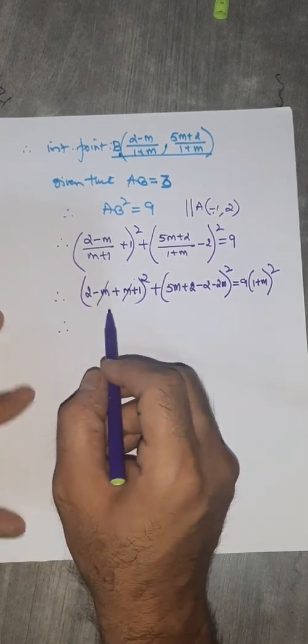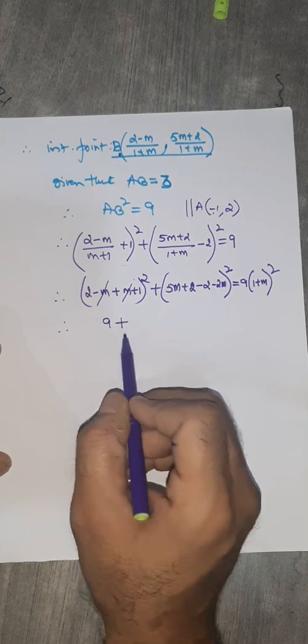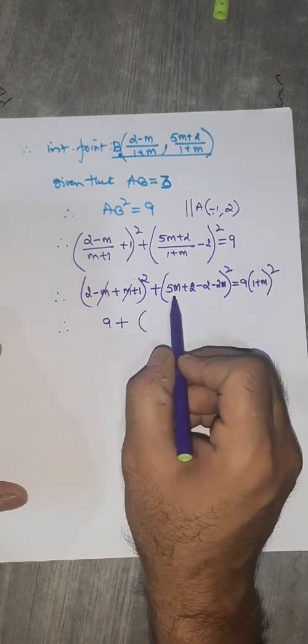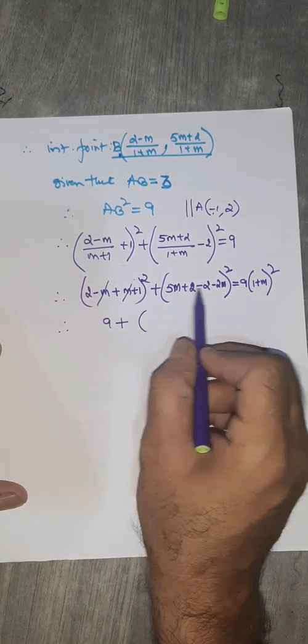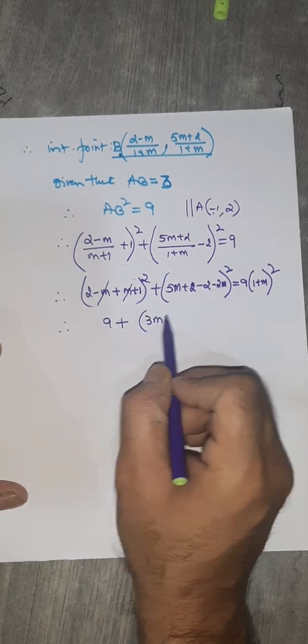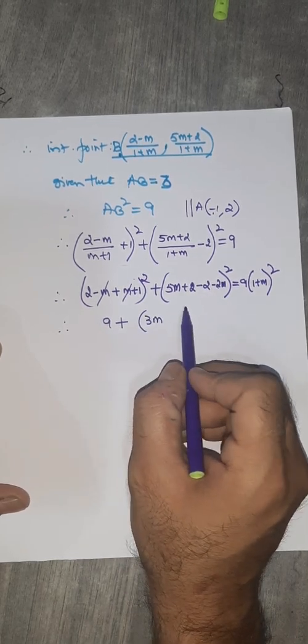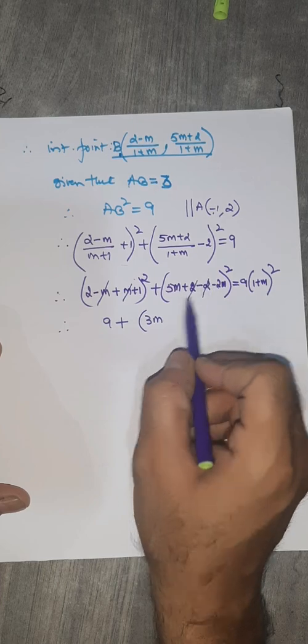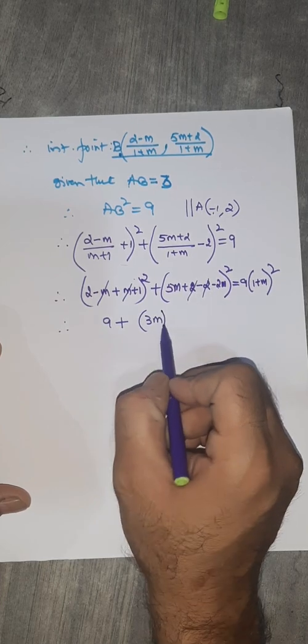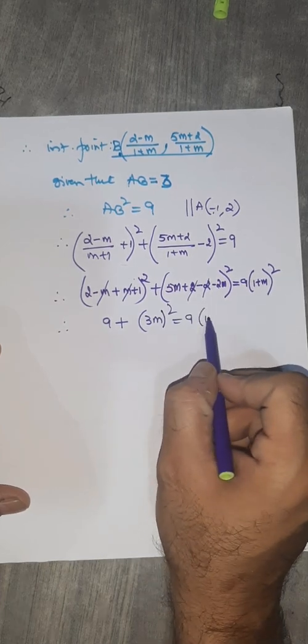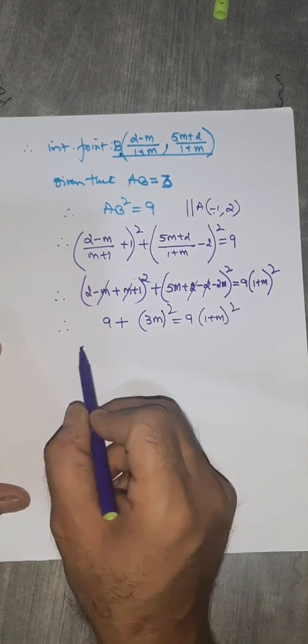This will get cancelled, this is just 9. What about this? Over here, this is 5 minus 2, which is 3m, and here this will get cancelled. So this is just 3m whole square equals 9 into 1 plus m, the whole square.